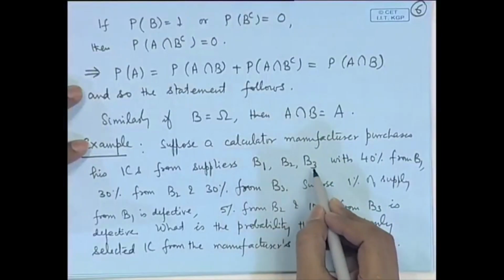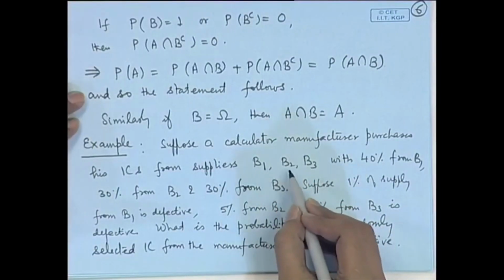Now, this way of looking at the probability is called posterior probability, because here we can consider the events B1, B2, B3 that the supplies came from first supplier, second supplier or third supplier as prior events or something which is happening before. Now, being defective or not defective is an event which is occurring after that, because it is after procurement.